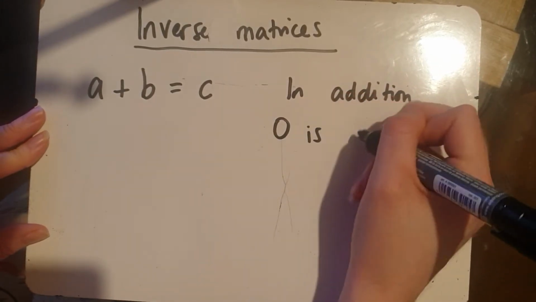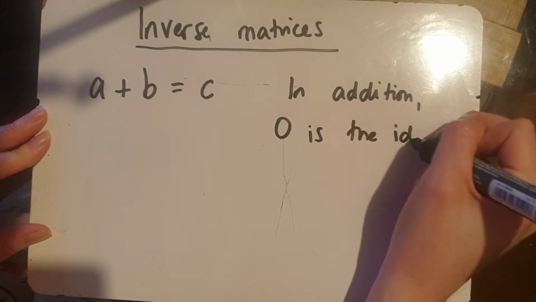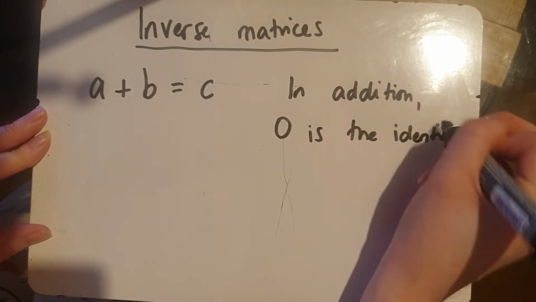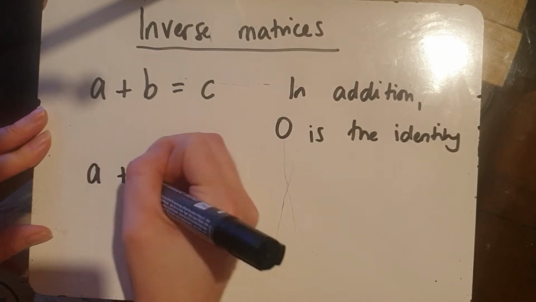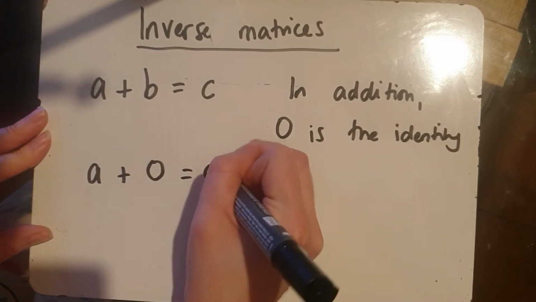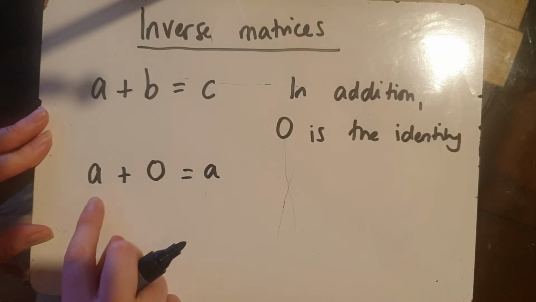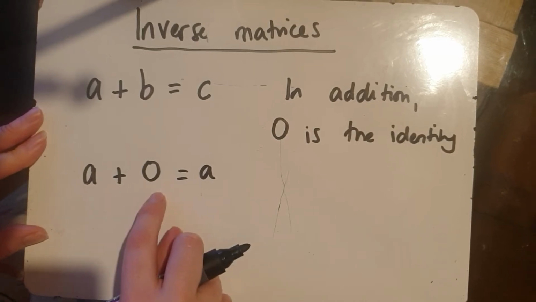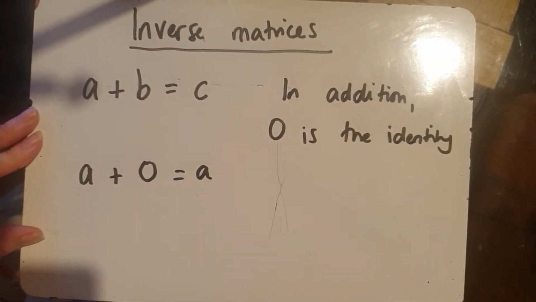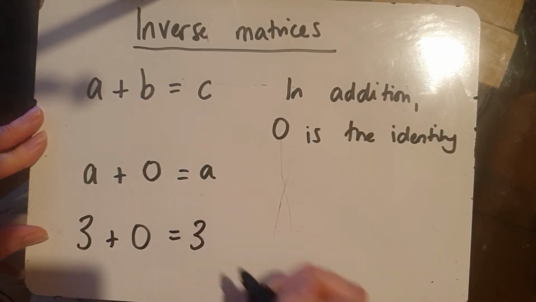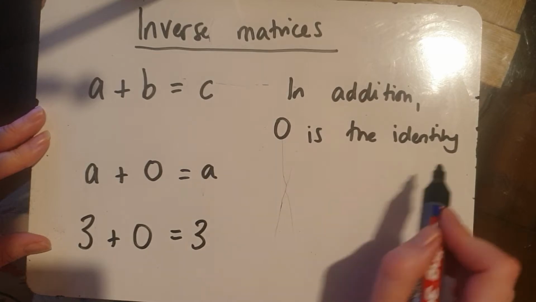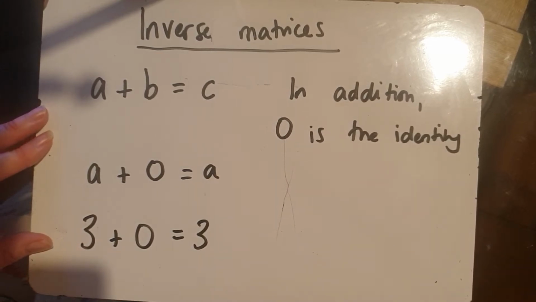What that means is, if you add 0 to anything, it preserves the value of the original thing. So a plus 0 is still just a. 3 plus 0 is still just 3. And so in addition, 0 is the identity.